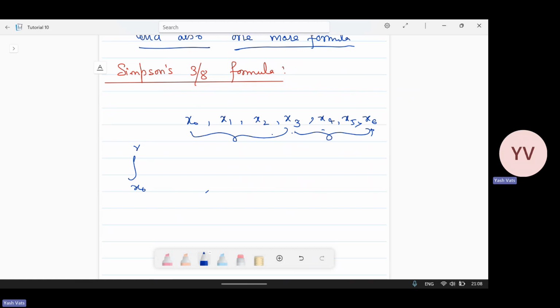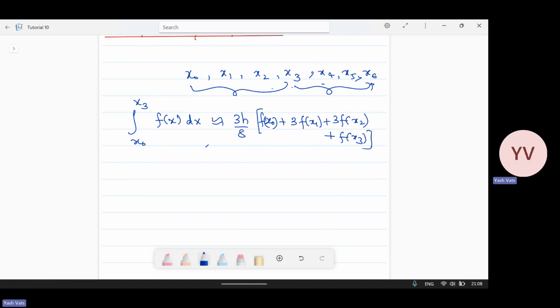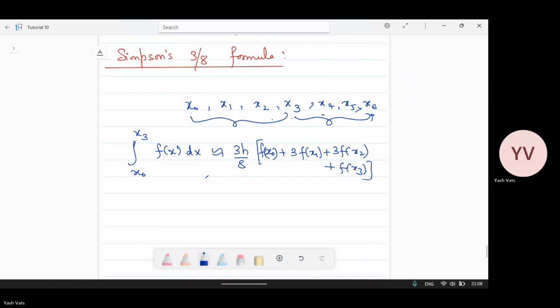Basically the integral from x0 to x3 of f(x) dx is approximated by 3h by 8 times (f(x0) plus 3 f(x1) plus 3 f(x2) plus f(x3)). The coefficients are 1, 3, 3, 1, basically. Then you can similarly extend it for the other intervals.